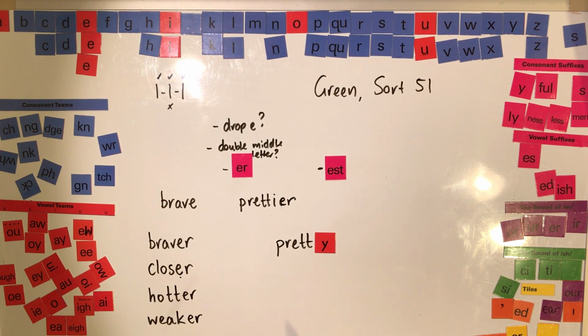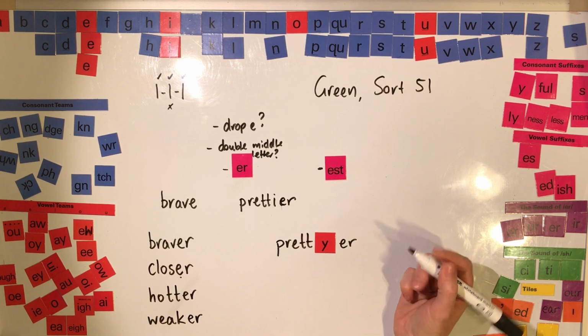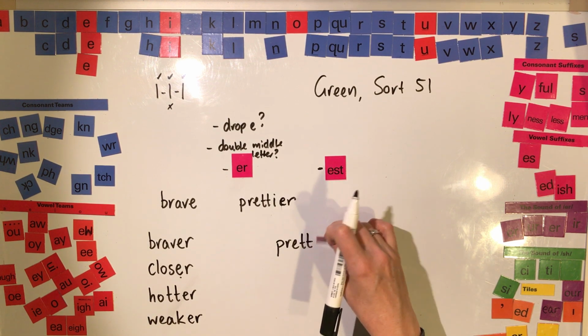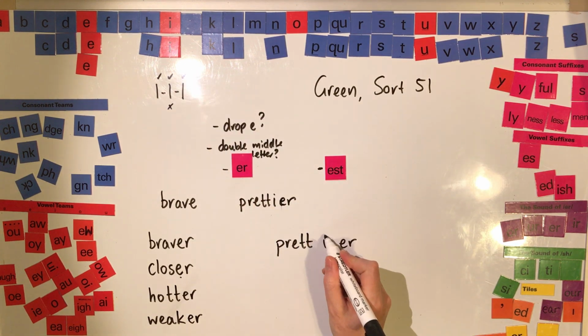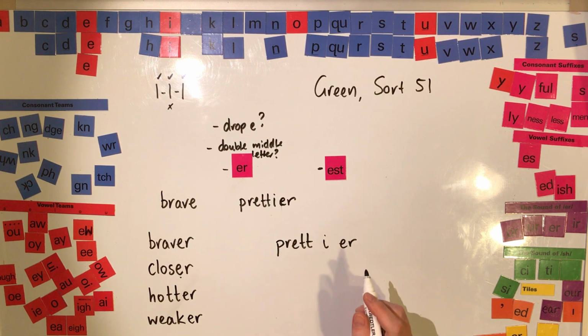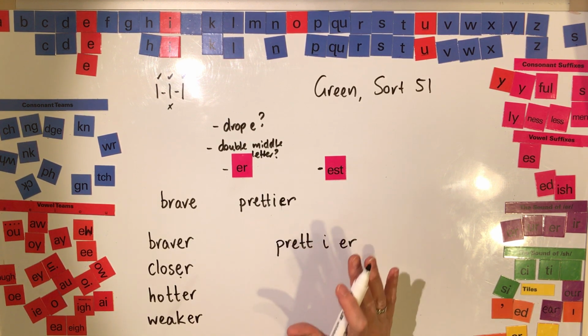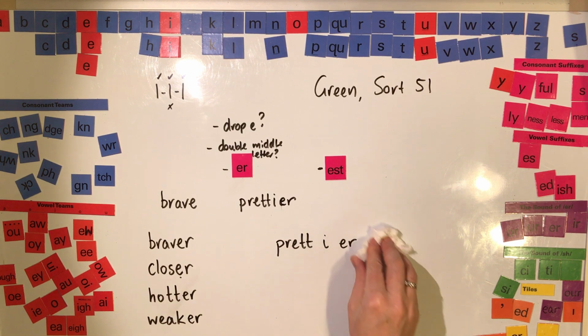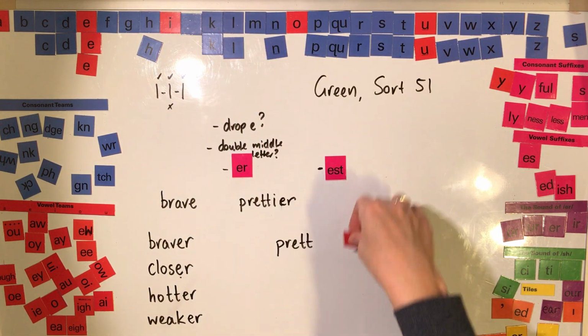But then we want to do an ending. We want to say prettier. And then y doesn't need to be there anymore. So you can go on holiday and i can come back. Yay, I'm back where I wanted to be. That is the story behind this i-y thing. If you keep the story straight in your mind, it gets a lot easier. So i wants to be there. Think of i as super keen.